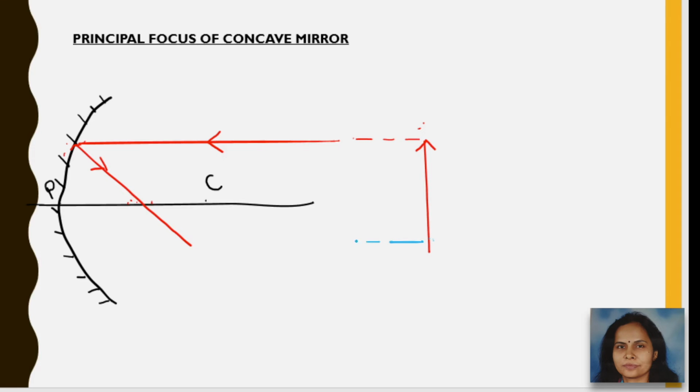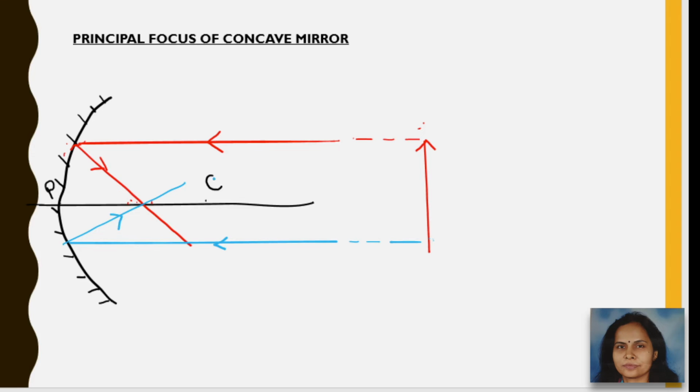Again we take the dashes, and then we can draw with a solid line, right? After striking the mirror, it will be reflected back, and again it will meet at the same point as the previous reflected ray on the principal axis.